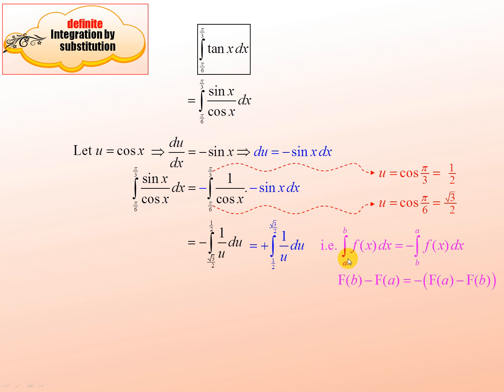So the integral from a to b is upper F of b minus upper F of a. The integral from b to a is upper F of a minus upper F of b. And we put a negative outside, and these are equal to one another. So that's the reasoning why we can just change the sign and swap those numbers.